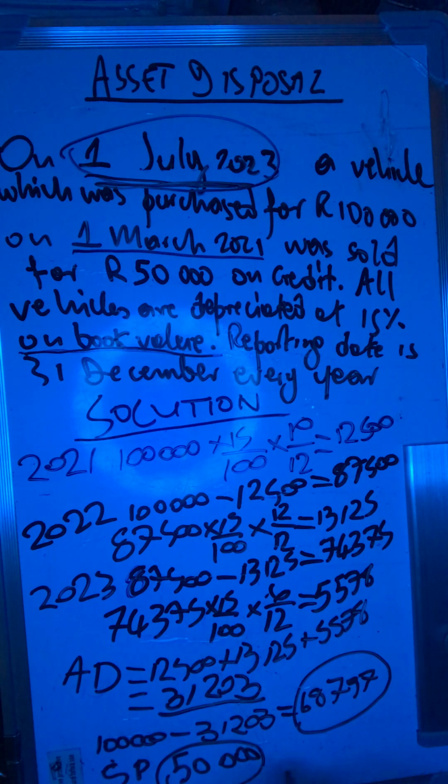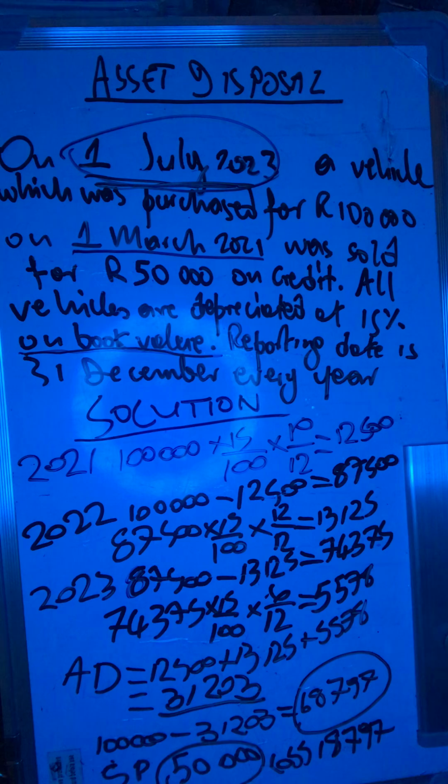How much is our loss? You say carrying value minus the selling price, which is 68,797 minus 50,000 rands, which means our loss is going to be 18,797. There is your loss, 18,797.